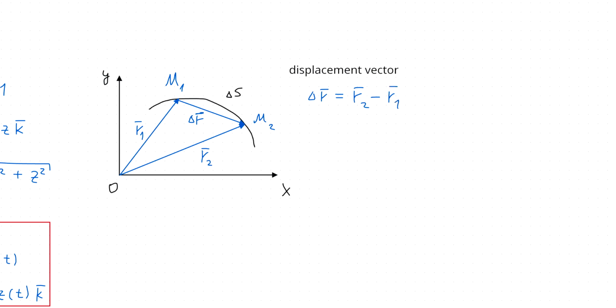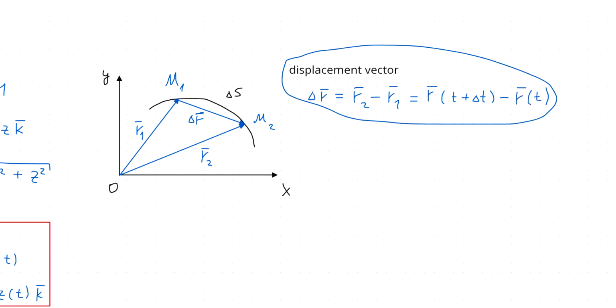Or it can be written in another way: r at some time moment t plus delta t, where delta t is some increase of time, minus r at time moment t. So this is the displacement vector.